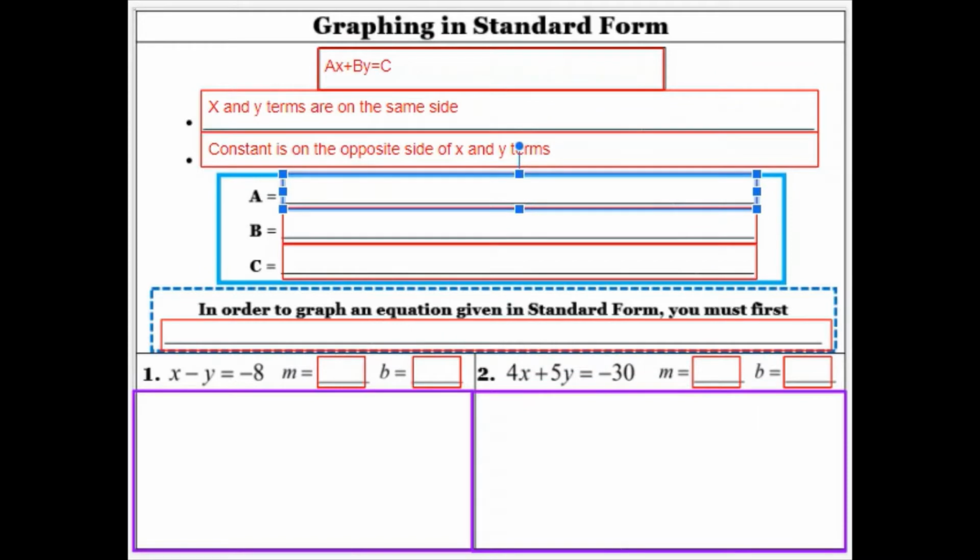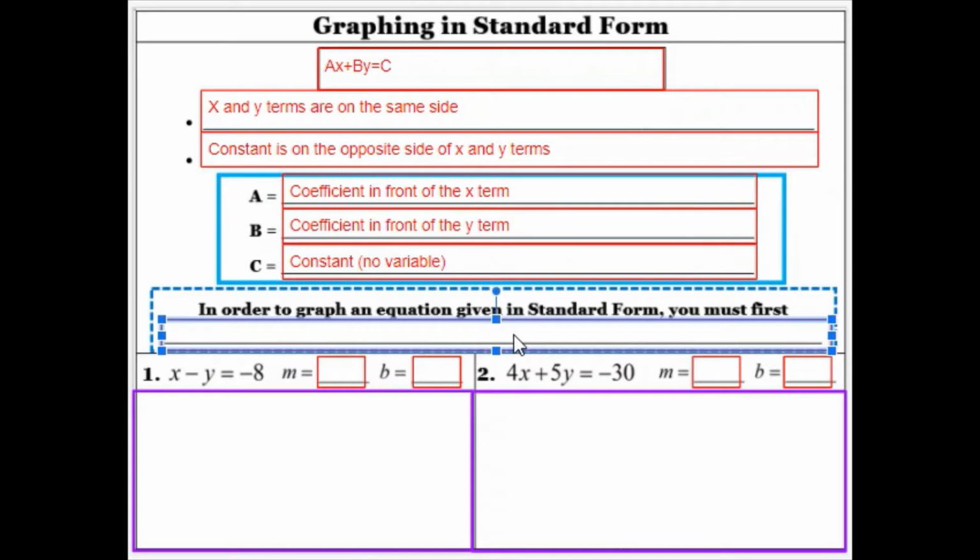A is the coefficient in front of the x term. B is your coefficient in front of the y term, and C is the constant, which has no variable. Also, for it to be standard form, A, B, and C all have to be integers.